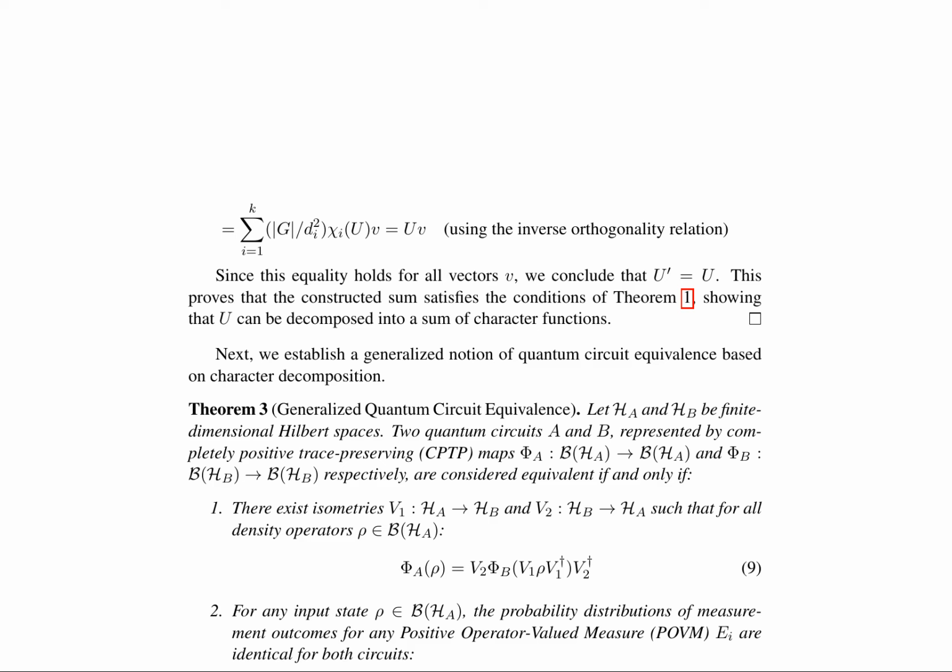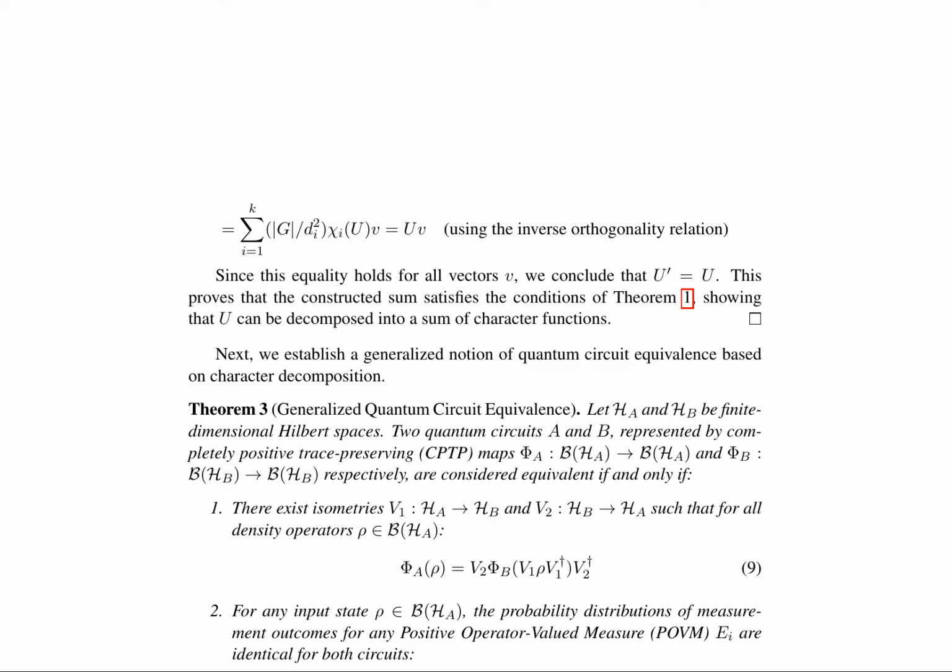Firstly, isometries V1 and V2 exist such that phi A, ρ, equals V2 phi B, V1 ρ V1, V2 for all density operators ρ, as shown in equation 9, ensuring the circuits can be related through isometric transformations.